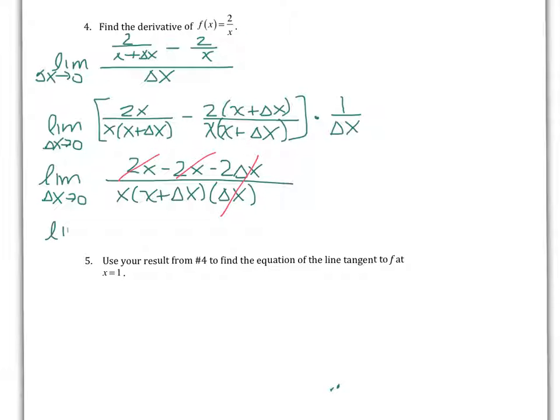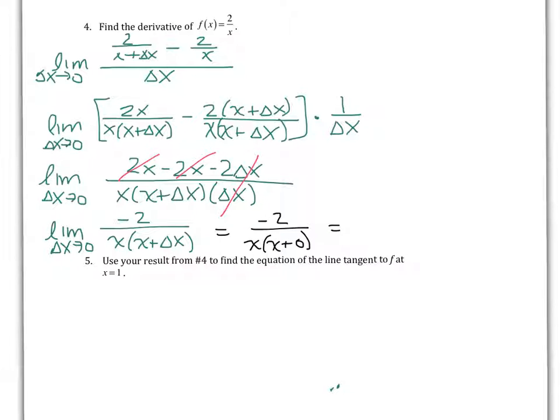That leaves us with the limit as delta x approaches 0 of negative 2 over x times x plus delta x. At this point, we can just do direct substitution. If we do that, we end up with negative 2 over x times x plus 0, which is negative 2 over x squared.